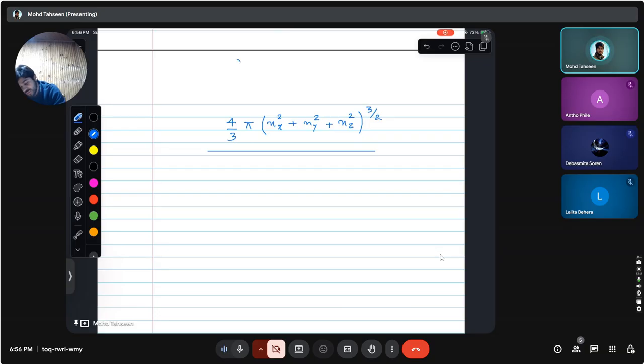Because how is the volume defined in 3D? It will be dx dy dz. So if this is my nx, this is my ny, and this is my nz, in this space, consider some point here.